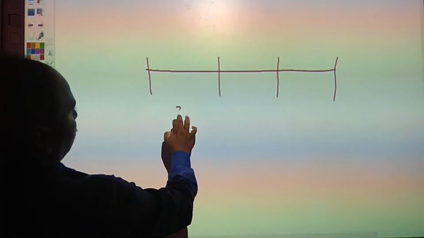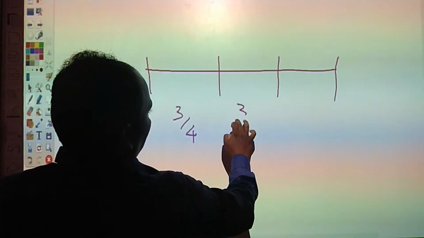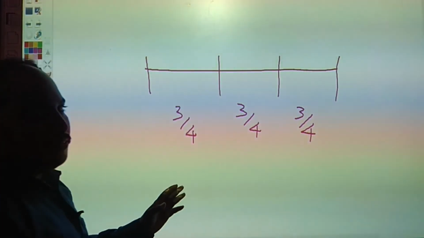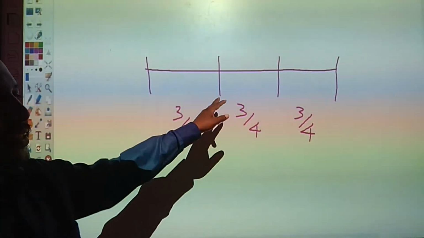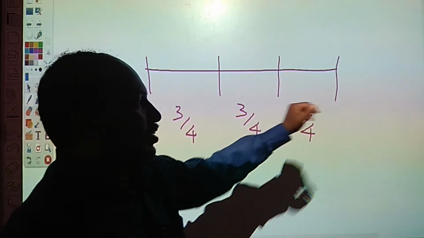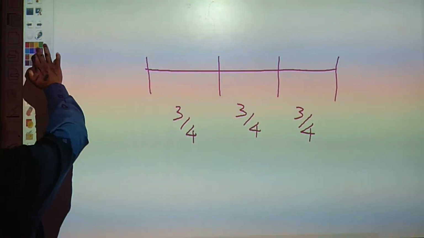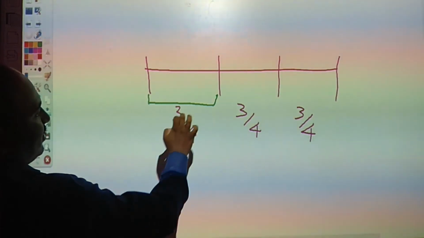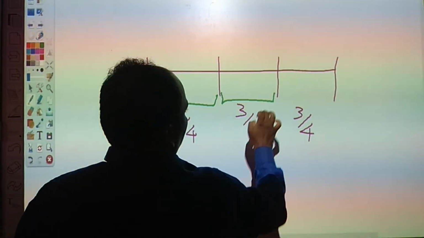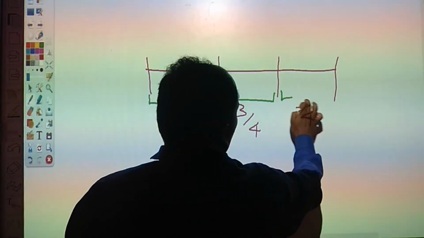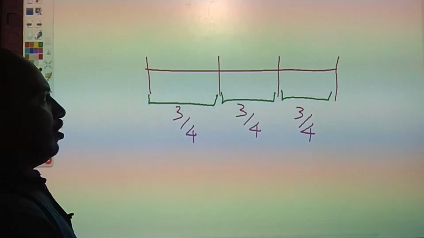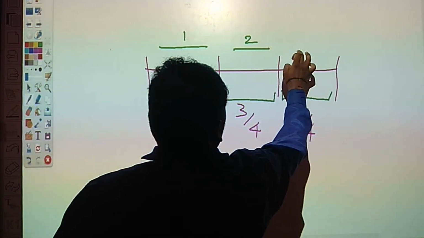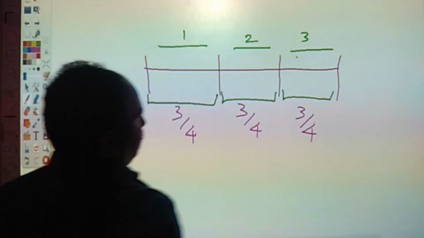Each gap is 3 by 4. First sapling, then second sapling, third, fourth sapling. First distance is 3 by 4, then second distance 3 by 4, third distance 3 by 4. So 1, 2, 3, 3 gaps we have.